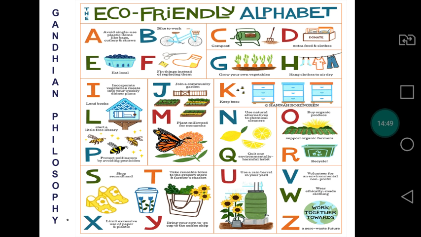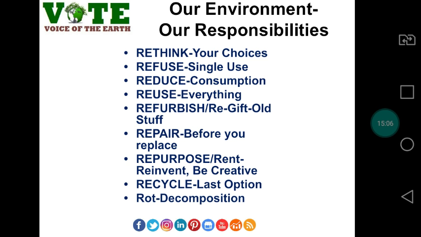I have added just an alphabet, which is an eco-friendly alphabet, and please follow Gandhian philosophy because the future is very competitive and we have to be very simple. So please follow this alphabet in your life. Thank you. This is my concept, Voice of the Earth.